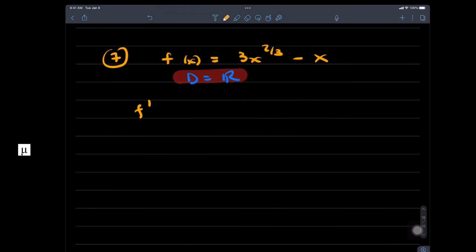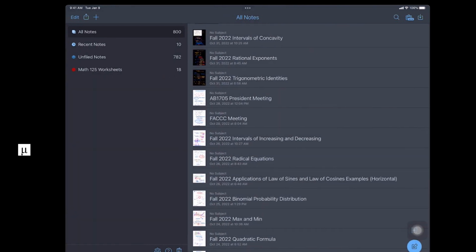Now, I don't remember what this derivative was in the notes, but I think it's 2x to the -1/3 minus 1. Is that true? Do you guys remember that? Do I have to look back? Intervals of increasing, decreasing.